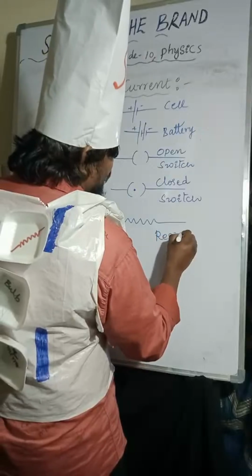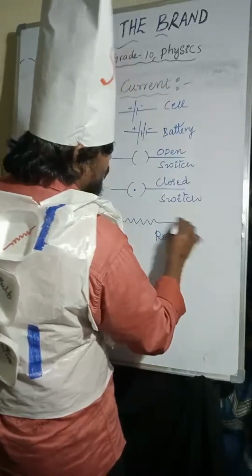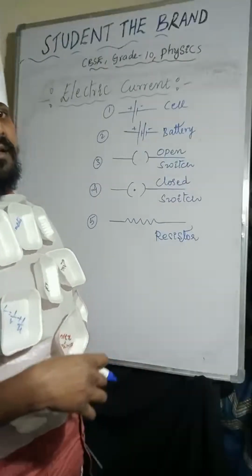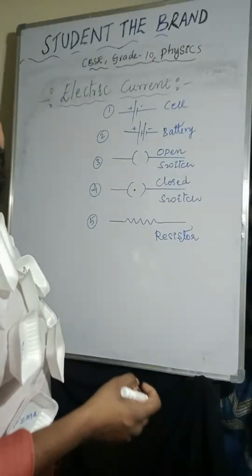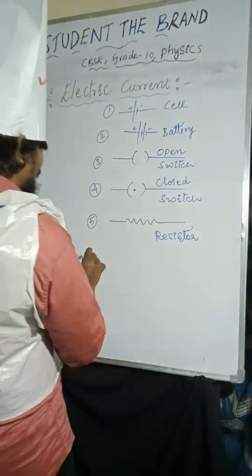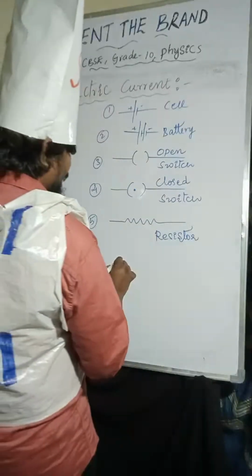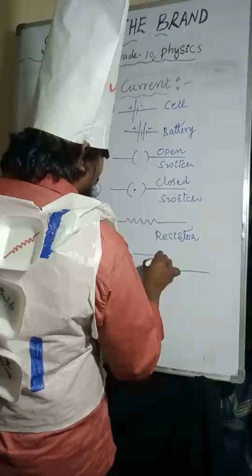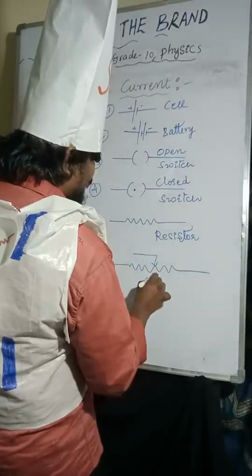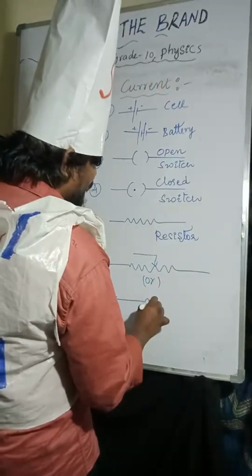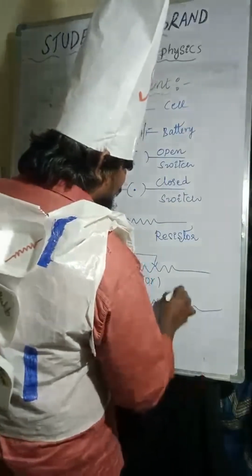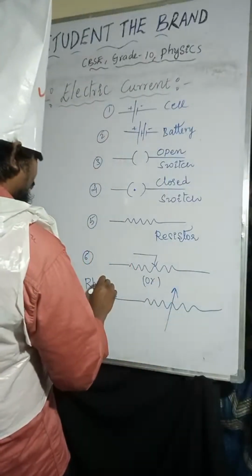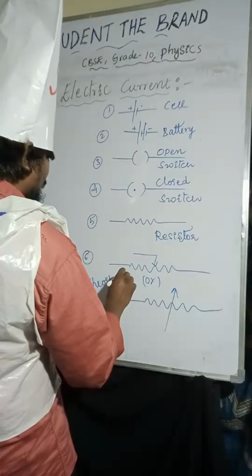The device which is used to oppose the electric current in the circuit is called a resistor. Coming to the sixth one, the rheostat. Either like this we can draw it, or we can draw it like this also.